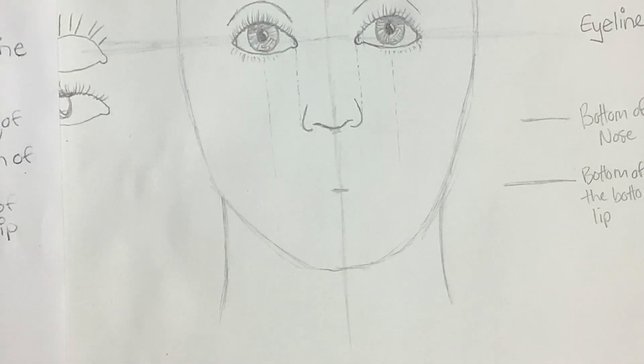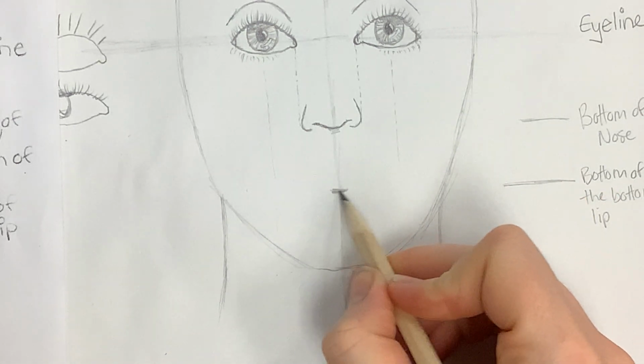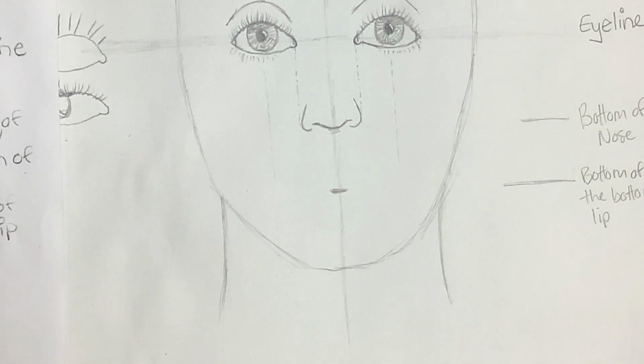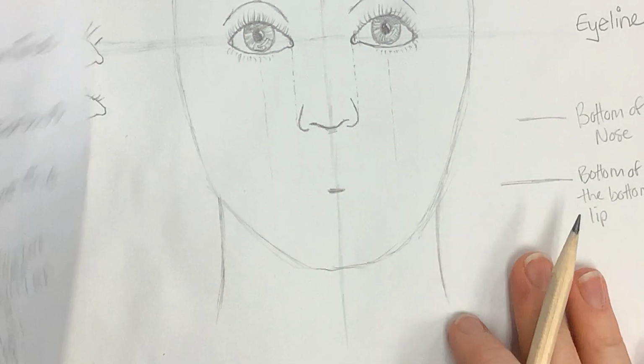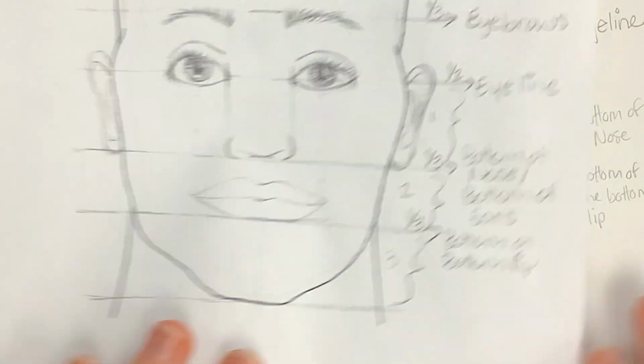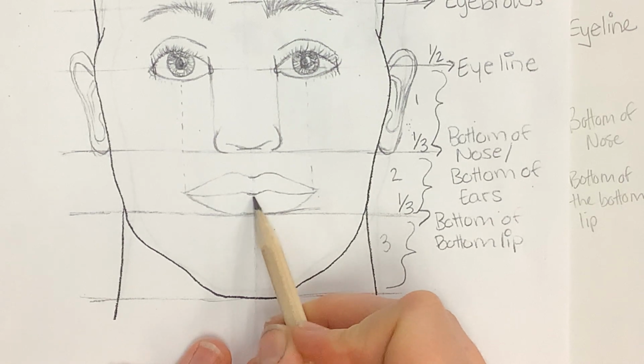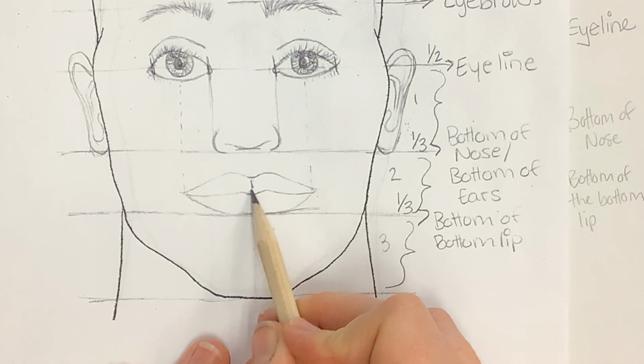Again, this is a generality. Some of you have wider lips, some of you have smaller lips. So this is the bottom of the bottom lip. And for me, in this example, I made the lips a little bit thicker. The only difference between making a thin or thick lip is how far apart we put our U's.